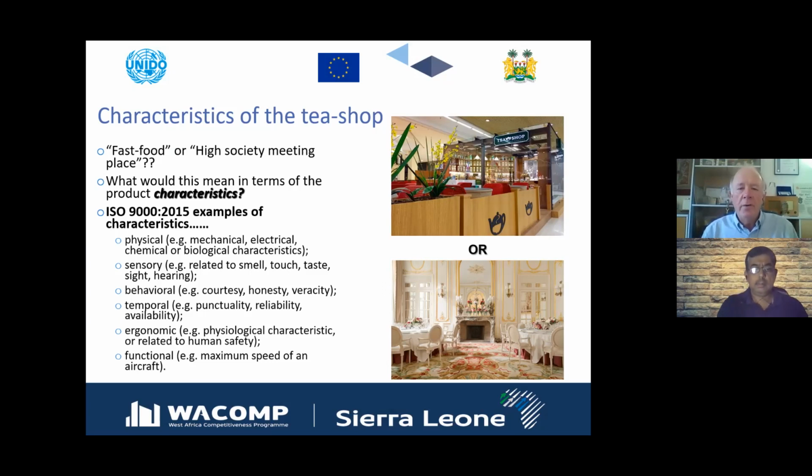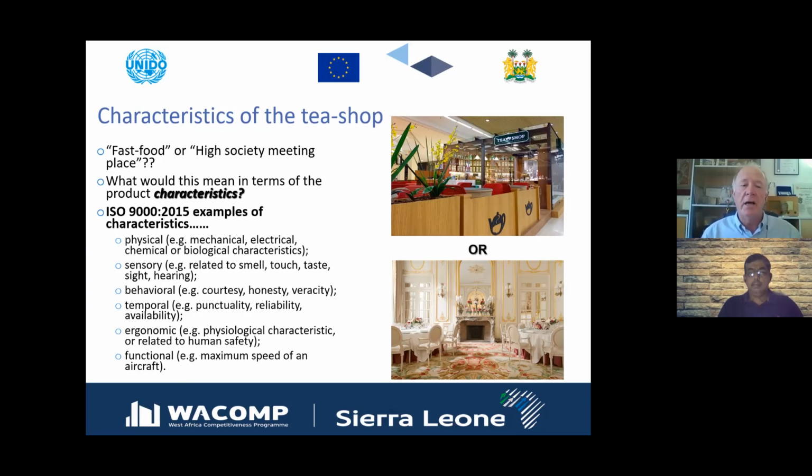So if we relate this to the tea making process, then some examples of characteristics. The physical characteristics: is the tea cup supportive of the tea? Or if we're using plastic or cardboard cups, is that just going to disintegrate before we have a chance to drink the tea? What about the sensory? Does the tea taste good?